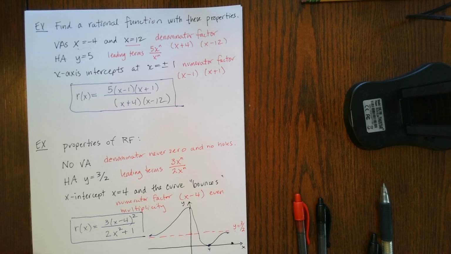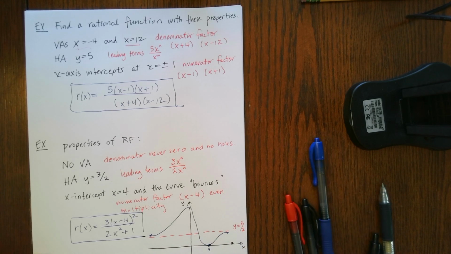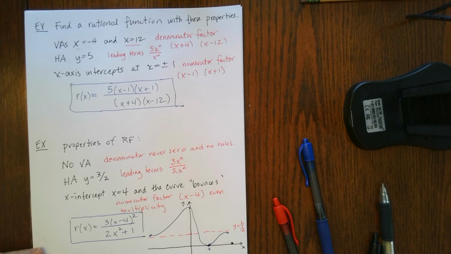So one thing to note about this curve is that a rational function may cross its horizontal asymptote. So that's one thing to notice about this particular graph.